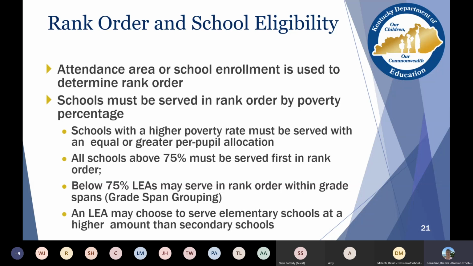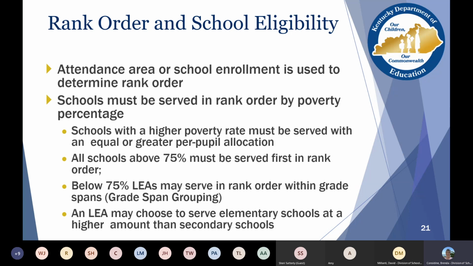Schools must be served in rank order by poverty percentage. So these are the things that you need to address when you're getting ready to do your rank order and determine school eligibility. Schools that have a higher poverty level must be served with an equal or greater per pupil allocation. So you want to look at your schools that have the highest poverty rate first, and make sure that they are served in rank order.